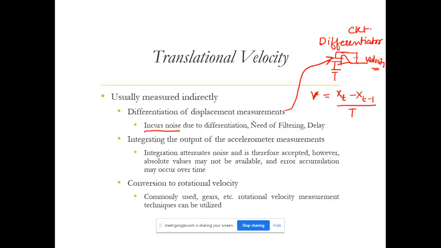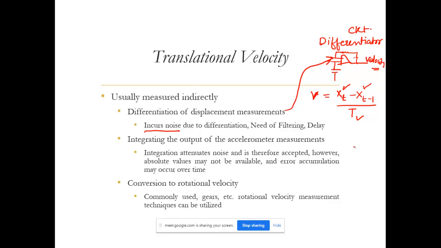But the issue with this is that you do get a lot of noise. It could be due to the errors in the position measurement itself, but those errors would generally get amplified when we do the differentiation process. If there is a small error in the x_t signal and also in the x_(t-1) signal, because it's divided by the sampling time, which is generally very small, of the order of milliseconds or maybe even less.